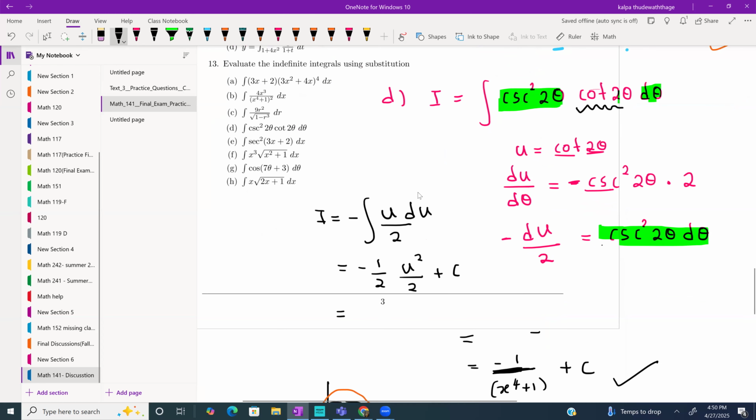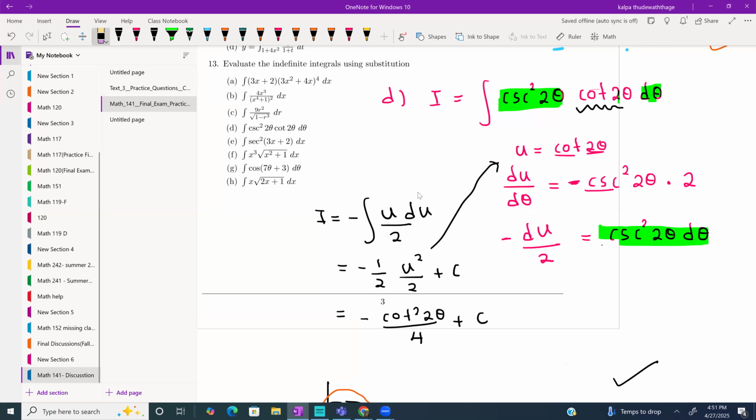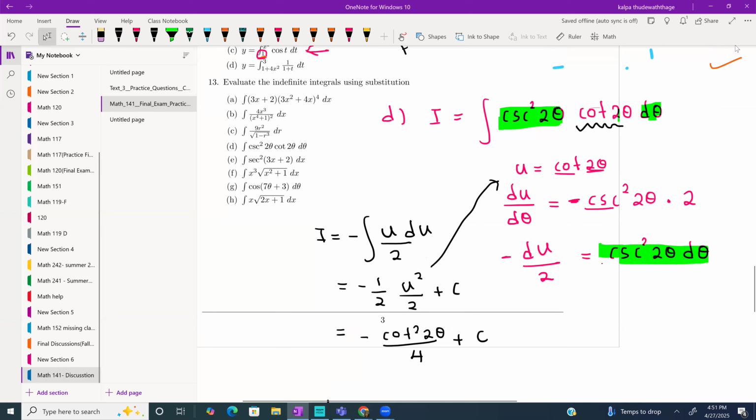It's a hard trig integration, but I got it as cotangent squared 2 theta, because u is cotangent 2 theta, with 4 in the denominator plus c. Clear? I hope it's very clear how the substitution works for part D. I use the substitution u as cotangent 2 theta.